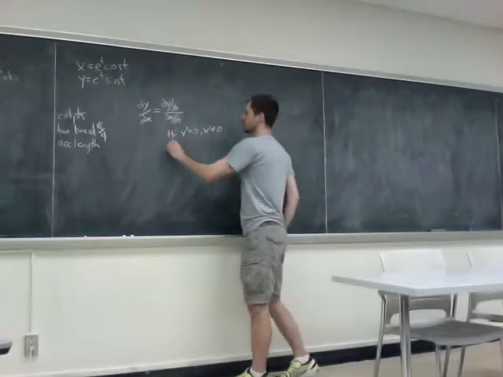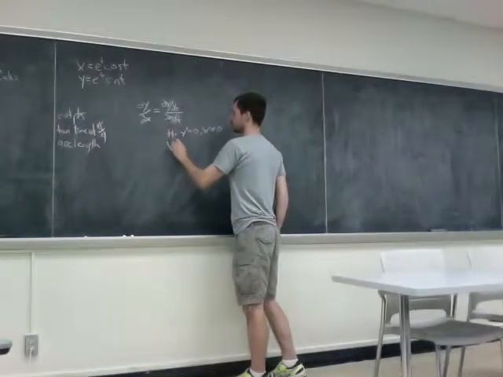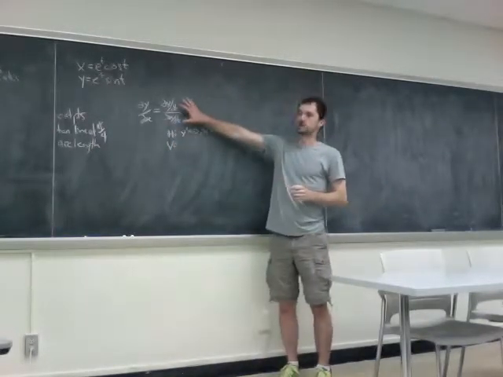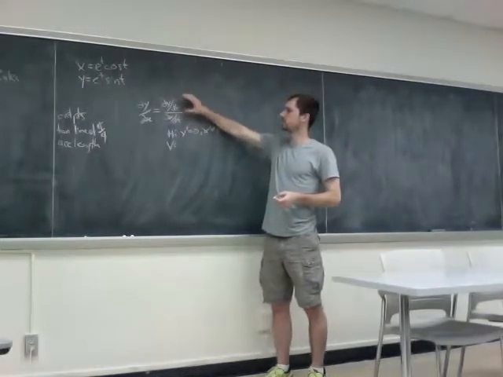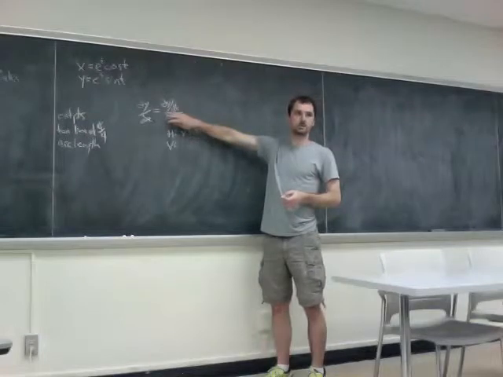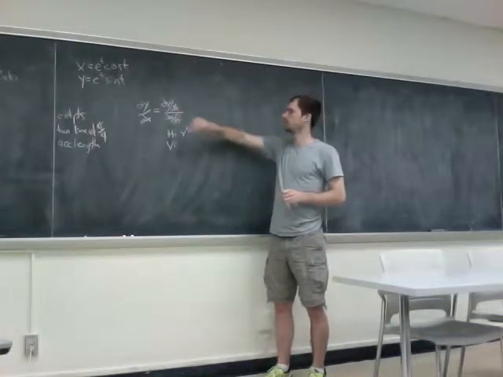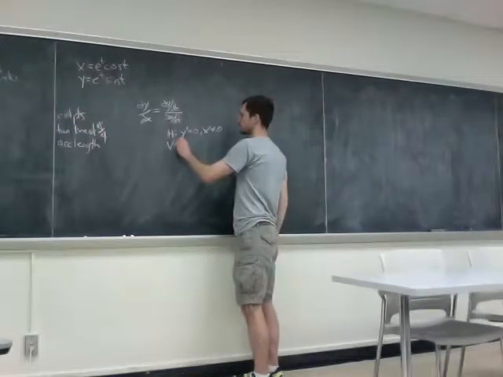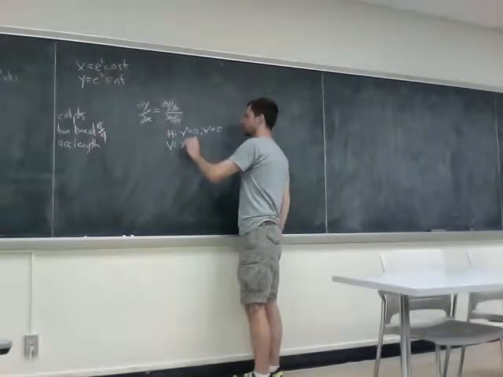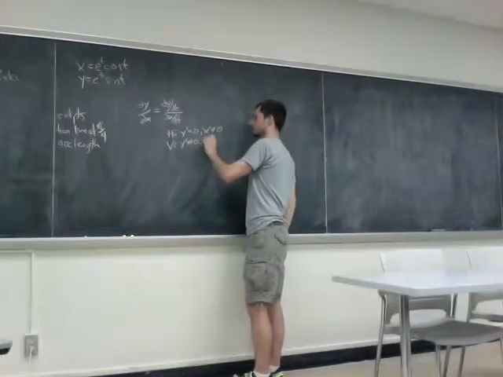The vertical is the other way, because for a vertical, we want our slope to be undefined. So when our slope is undefined, that means we have a 0 in the denominator and not a 0 in the numerator. So we want y prime to not equal 0, and x prime to equal 0.